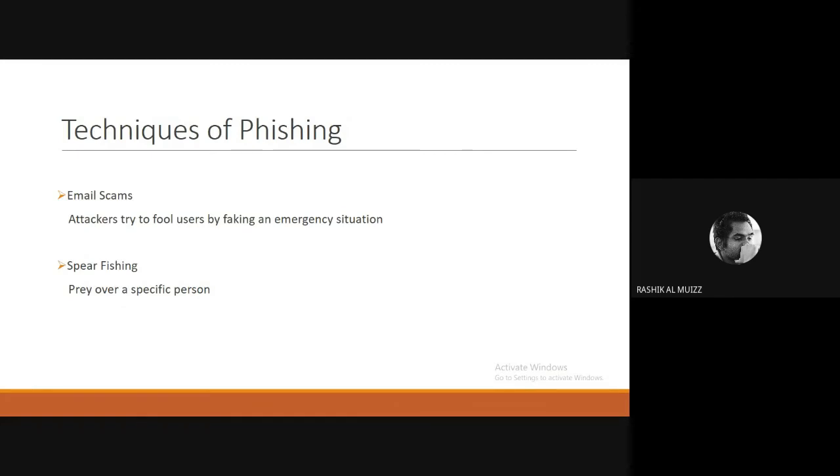Now let's come to the techniques of phishing. There are two ways of phishing. Number one is email scams, and number two is spear phishing. In email scams, it is mainly a numbers game, and an attacker sends 1,000 fraud messages.